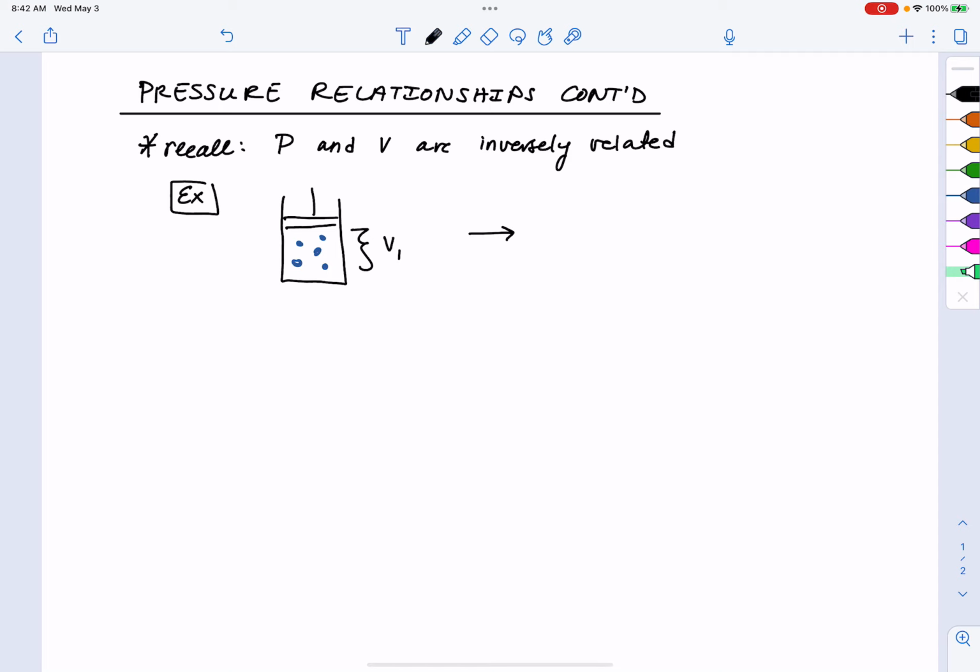And if I were to take this piston and compress it so that the volume in which my gas has to occupy, V2, is smaller than its original volume, then I have that same number of gas particles now closer together, meaning that they are more statistically likely to encounter one another and thus collide with one another and the walls of the container and exert forces, which sum up to us talking about pressure, right?